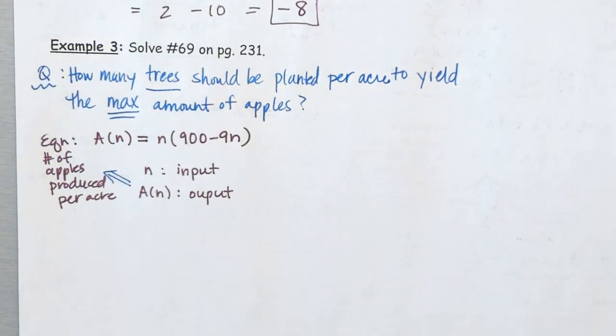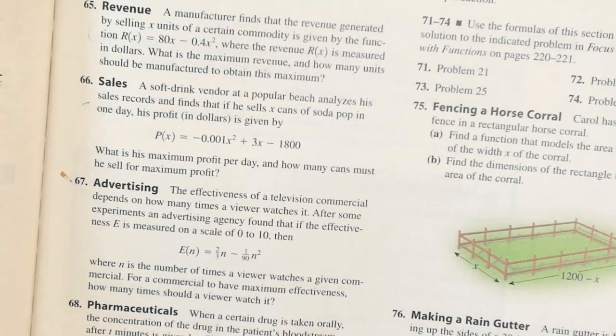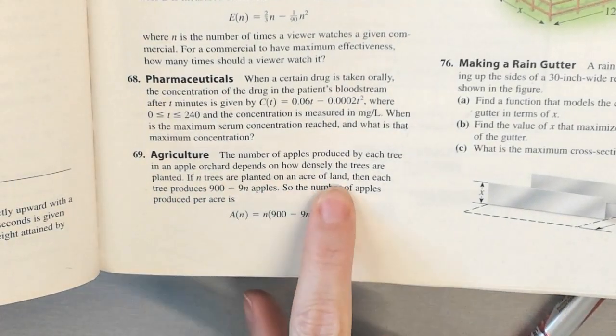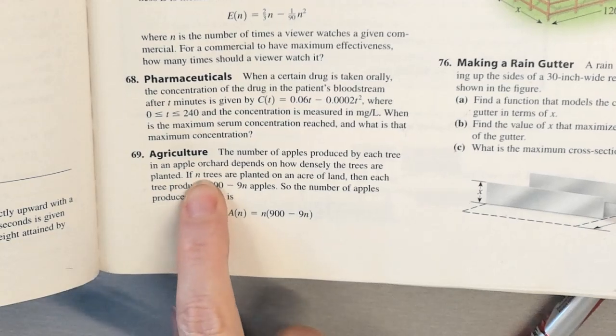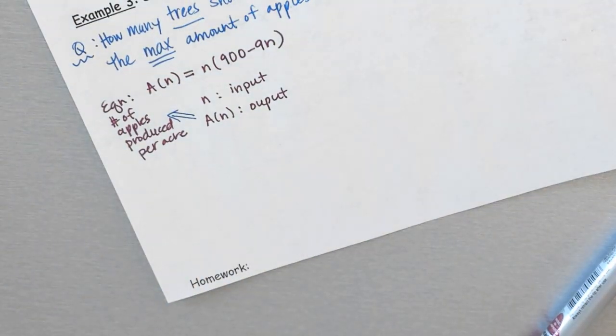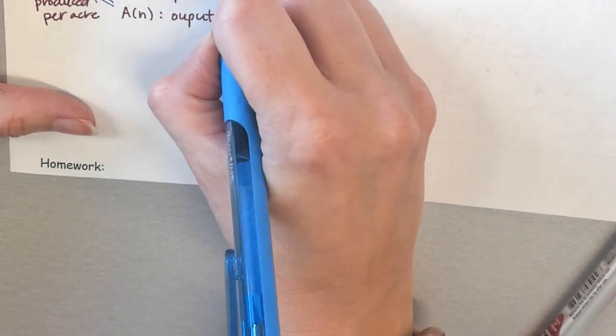In the text, they also tell us what the value of N is. I'm just going to put it back up there to remind us. It says if N trees are planted on an acre of land. So N is going to be the amount of what? Trees. And what do we need to find? Trees. Okay, so we're going to find the trees.